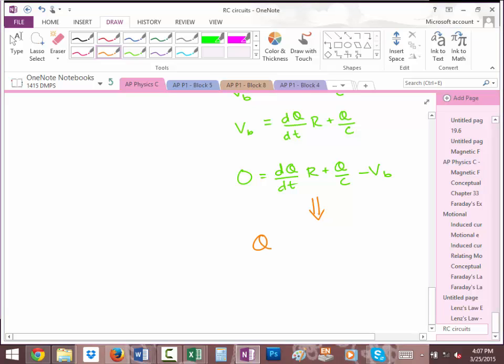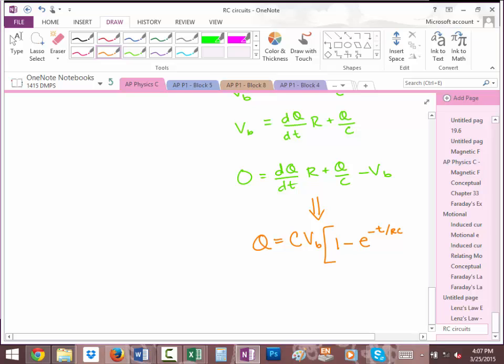It also has a strange, weird E thing in it. Doesn't look quite the same though. It's the capacitance times the voltage of the battery times the quantity 1 minus e to the negative t over RC.